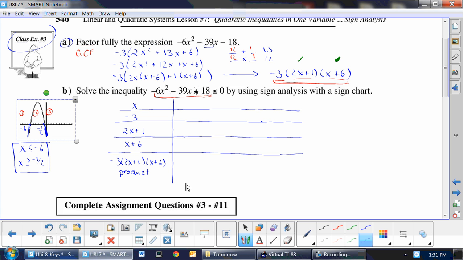Okay, so we have our 3 intervals. So we have when x is less than -6. But when we're doing these sign analysis charts, we also include our x-intercepts. So you have less than -6, and then we have -6. The next one will be x is between -6 and -1/2.